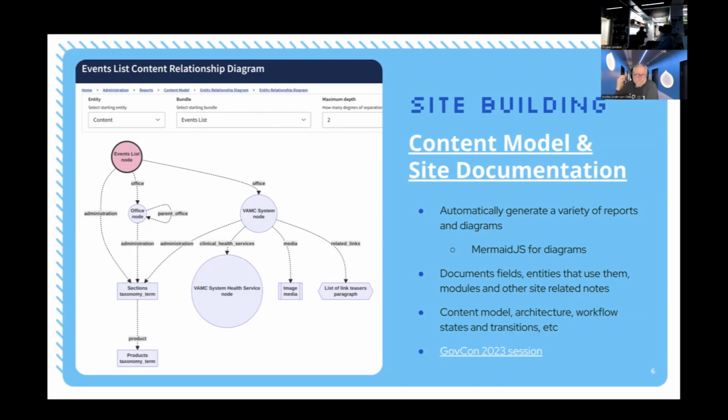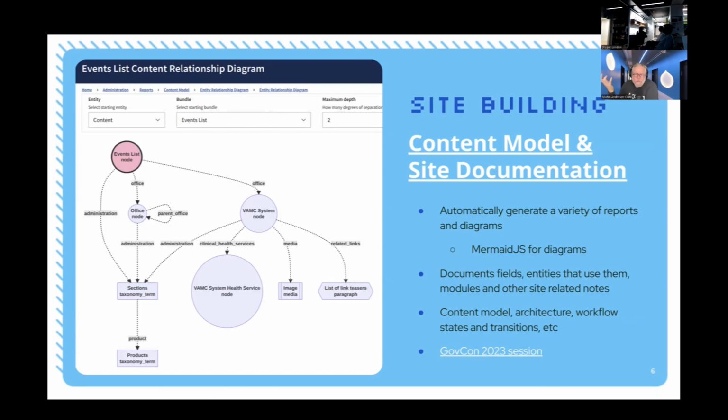And it will do things like use Mermaid.js to generate the diagrams like the one that we can see here, but it's going to be able to document the fields that you have on your site, which entities are using them, what modules you have installed, and a variety of other site information.